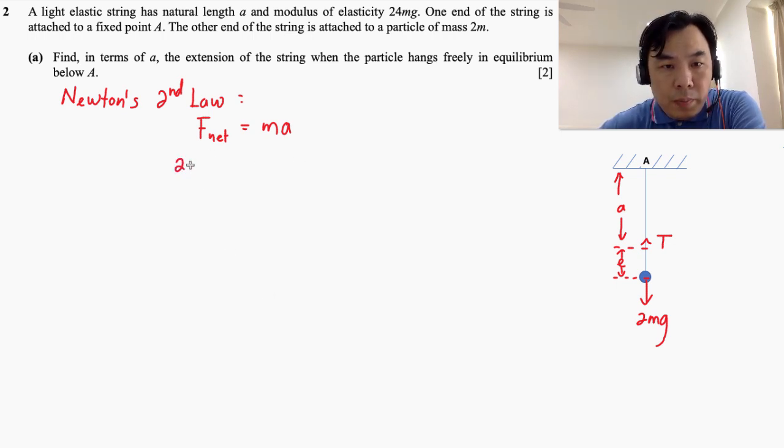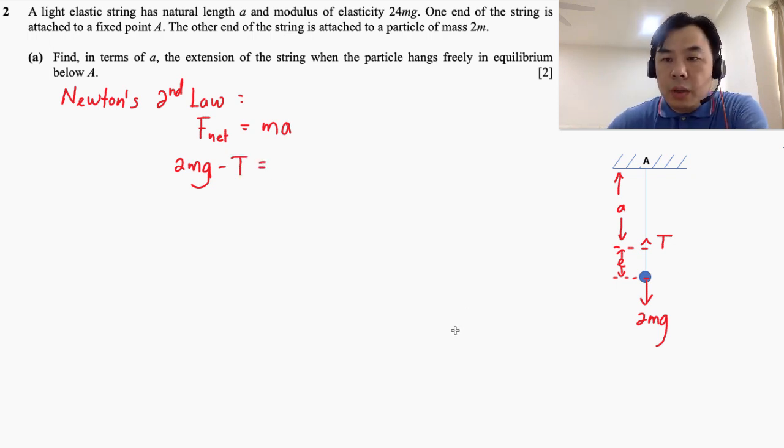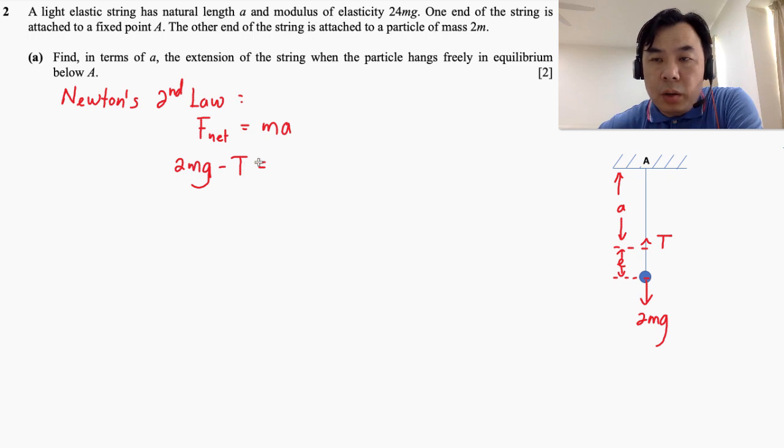by the weight, deducted by the tension itself. So in this case, you have the weight subtract off the tension that would yield the acceleration. But because the system is in equilibrium, in this case it would be 0 meters per second squared.